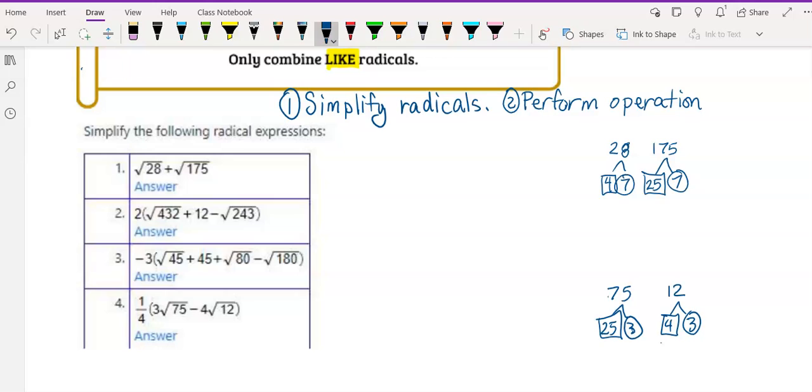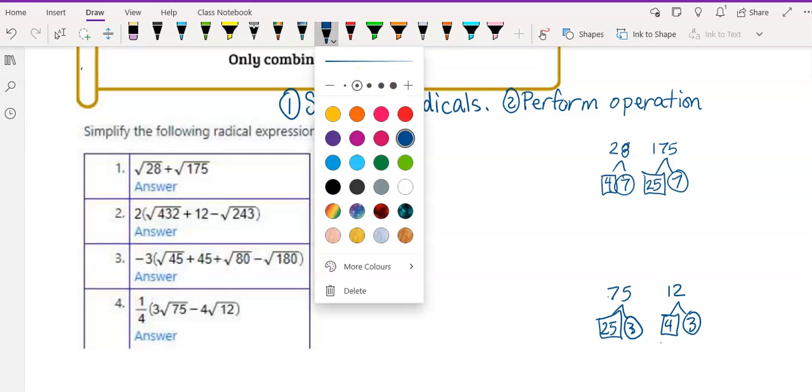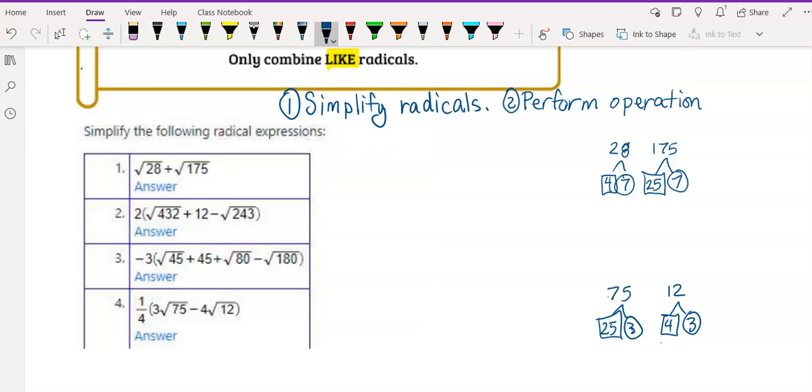And again, there's nothing stopping you from multiplying the 2 in first using distributive law, but it's just my preference to always simplify and use BEDMAS first. So, whatever floats your boat, as long as you don't make mistakes, you're fine. Once you perform your operation, you need to collect like radicals.